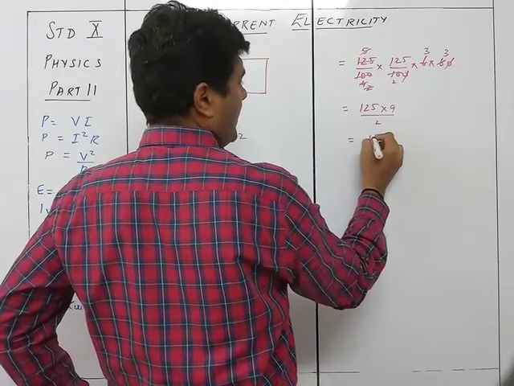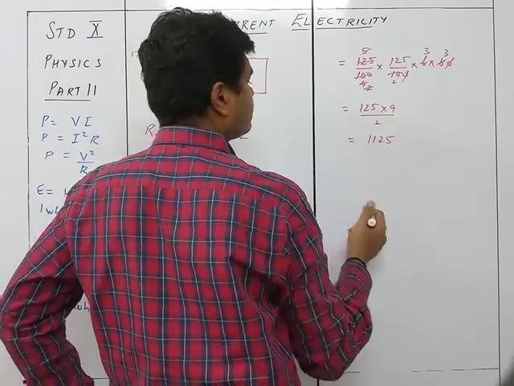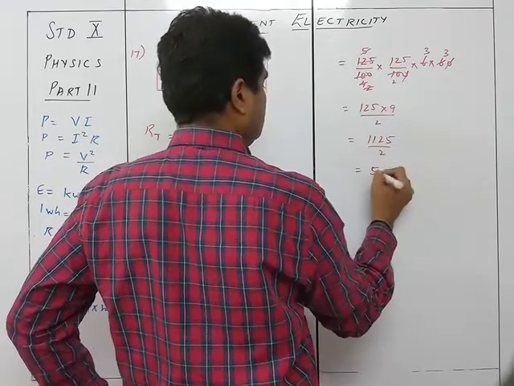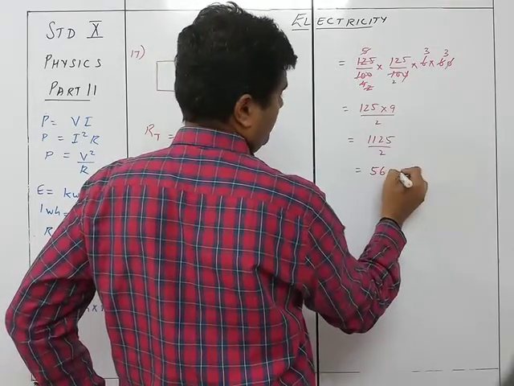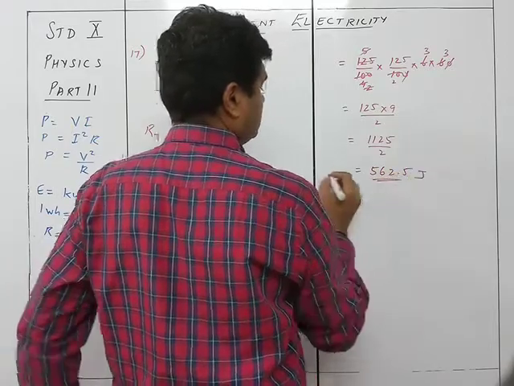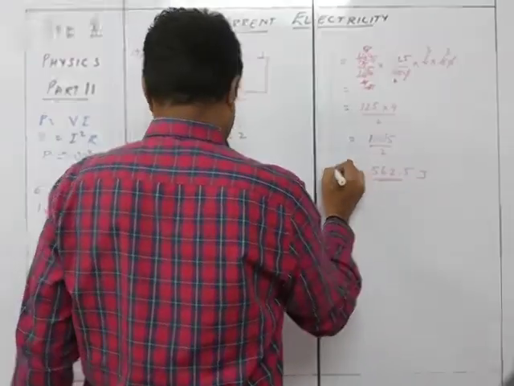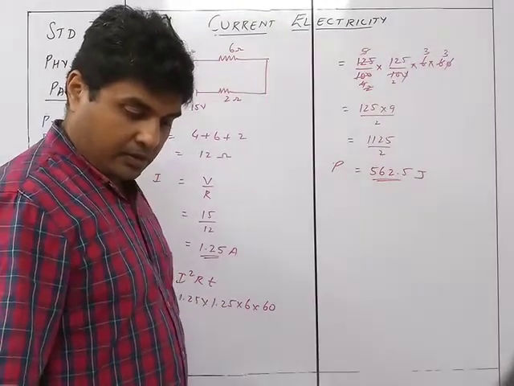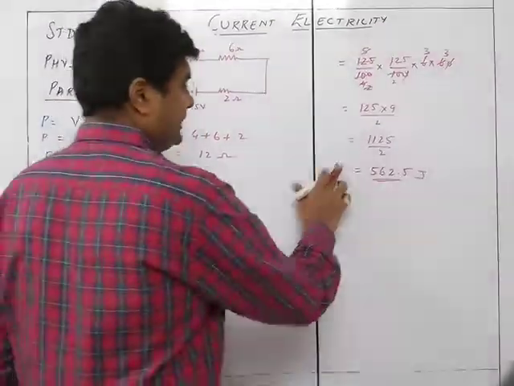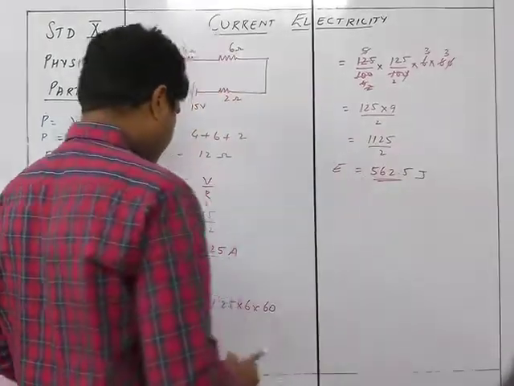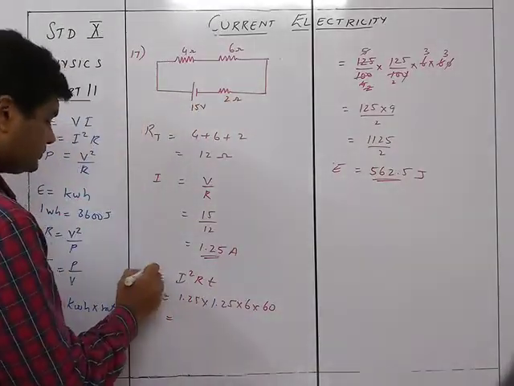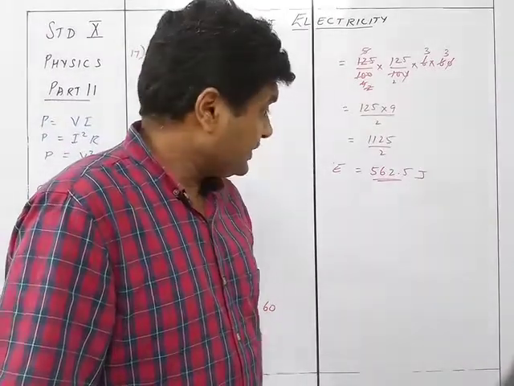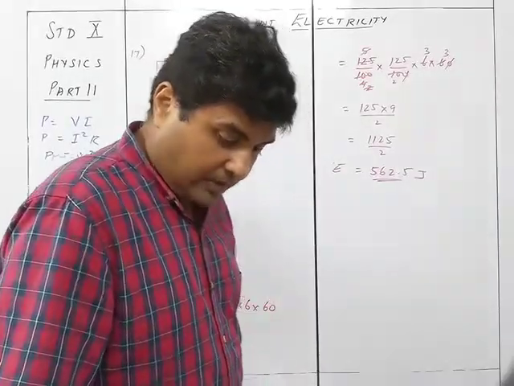That's going to be 1125 upon 2, that is 562.5 joule. So the energy spent, not power, will be 562.5 joule.